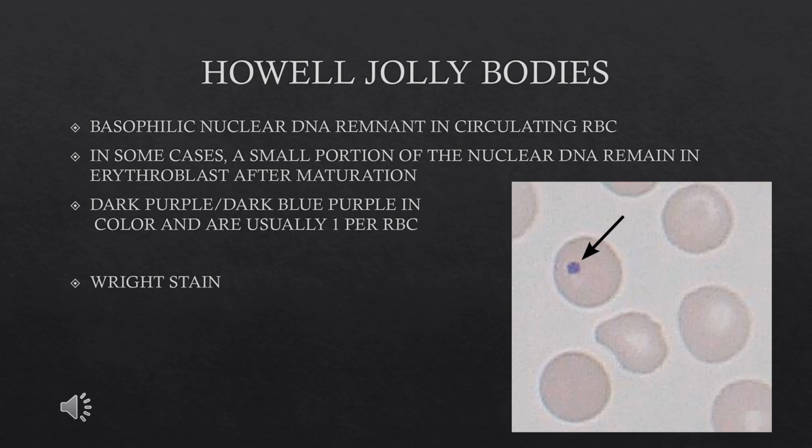You can identify this through your Wright stain. Did you see the difference? Earlier, Heinz bodies were big and concentrated at one side. This one is also only one, but it's smaller. Again, take note that you can see it in your Wright stain.